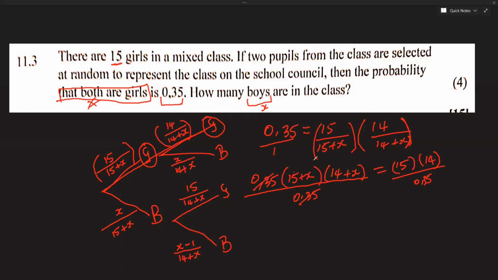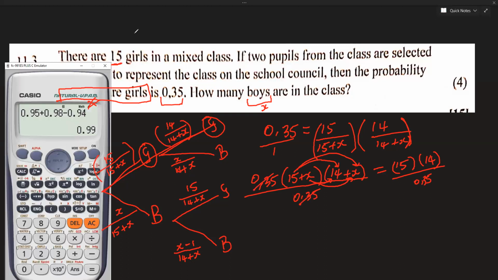And then here we're going to FOIL: this multiply by that, this multiply by that, this multiply by that, and that multiply by that, right? Now we need to see what is 15 by 14. Okay, so 15 by 14 is 210. So I have 210, and then 15 times x is 15x, 14 times x is 14x, then this times that will give us x squared.